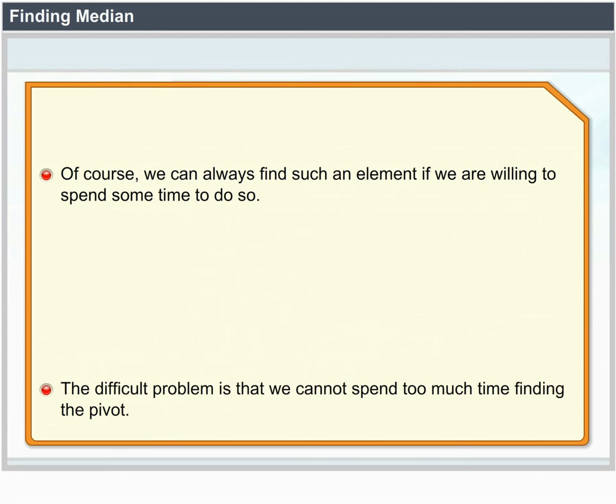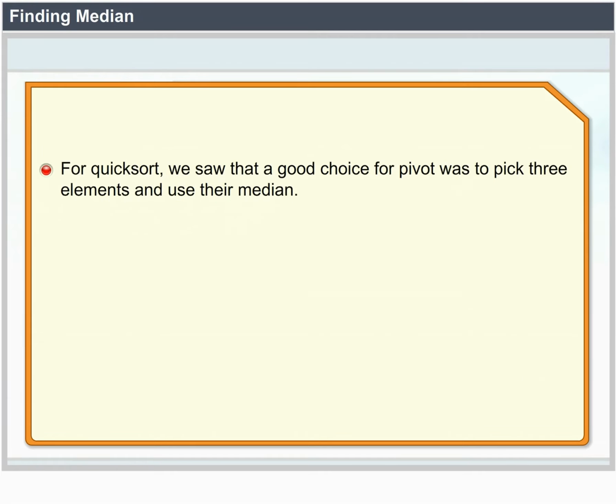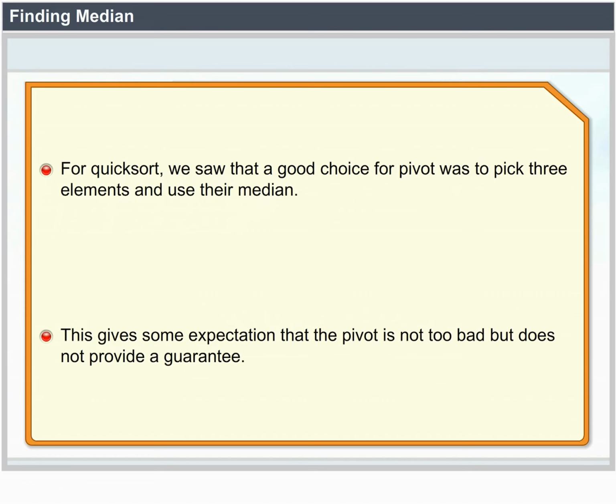The difficult problem is that we cannot spend too much time finding the pivot. For quicksort, we saw that a good choice for pivot was to pick 3 elements and use their median. This gives some expectation that the pivot is not too bad but doesn't provide a guarantee.